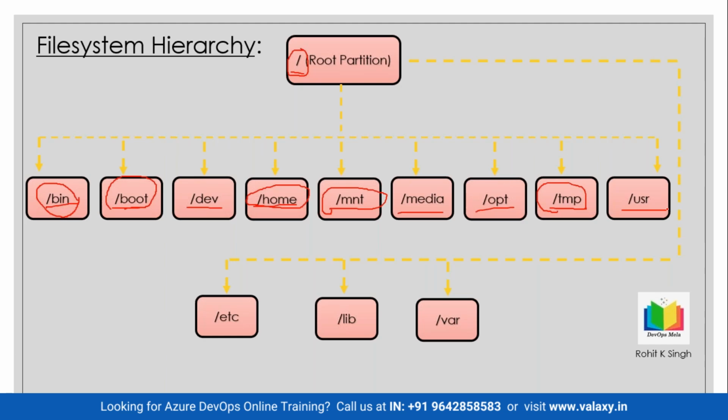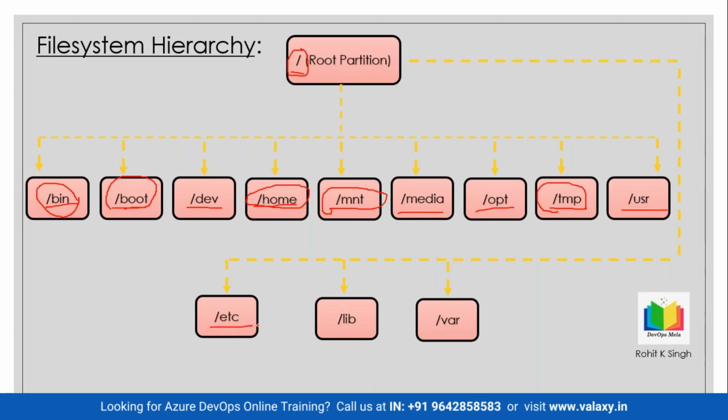Okay, then you got something called etc. etc is a supervisor directory. In etc you will find mostly those commands which are used for supervising your Linux operating system. Such as configuration files, disk configuration files, user list, group, all this information will be in the etc directory.